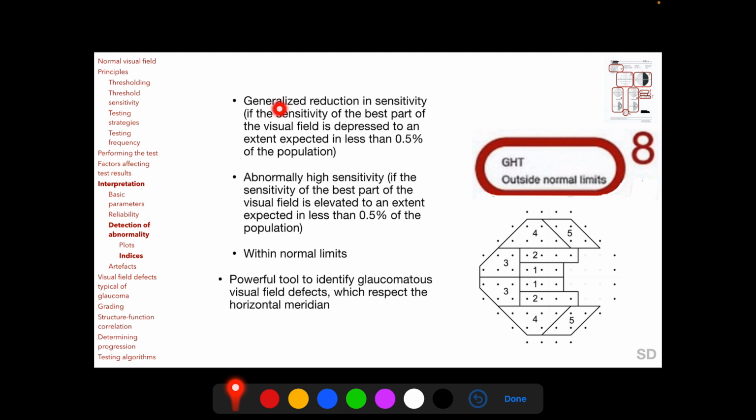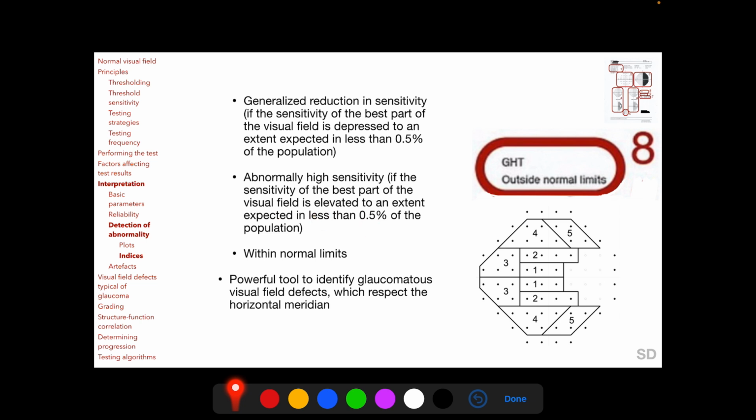It is reported as generalized reduction in sensitivity if the sensitivity of the best part of the visual field is depressed to an extent expected in less than 0.5% of the population. And it is reported as abnormally high sensitivity if the sensitivity of the best part of the visual field is elevated to an extent expected in less than 0.5% of the normal population.